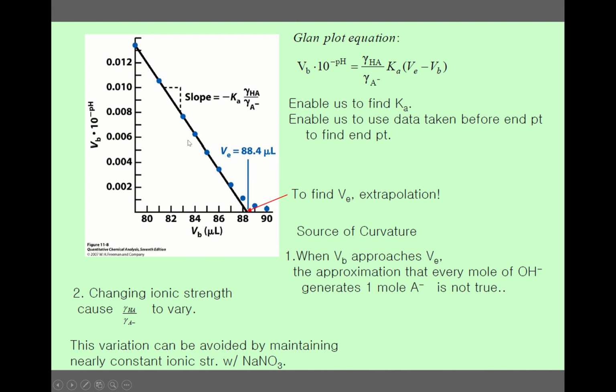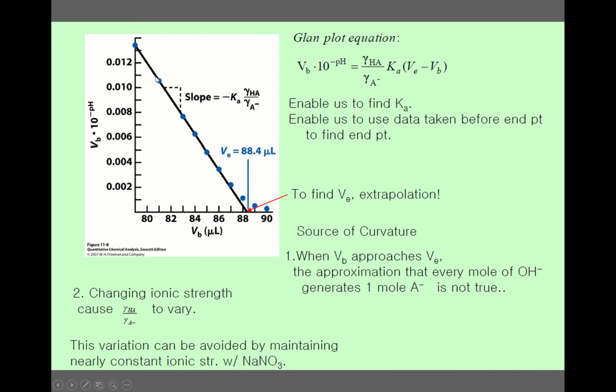And from the slope, you can calculate this equilibrium constant. So from this Gran plot, we can get both the equivalence point and the equilibrium constant. Very convenient. But remember, you take data before the equivalence point.